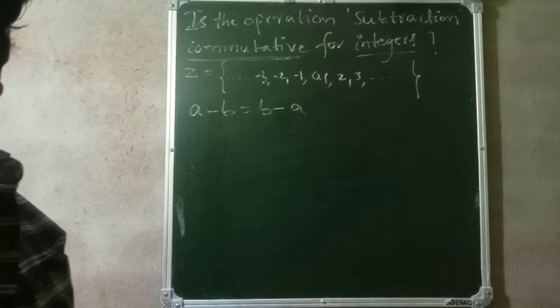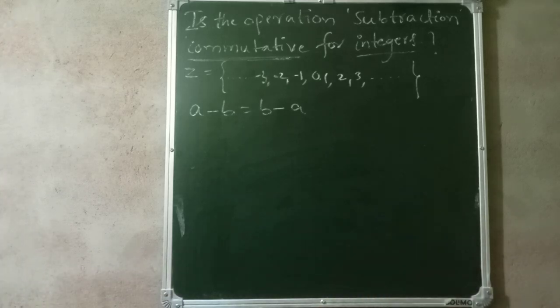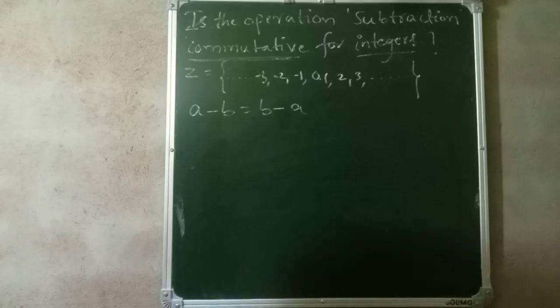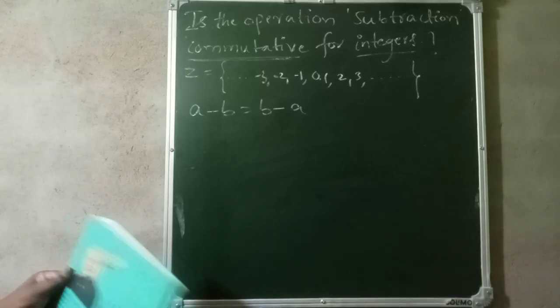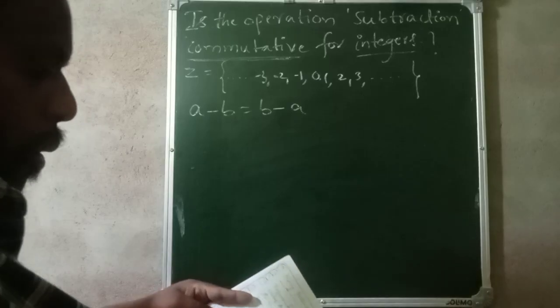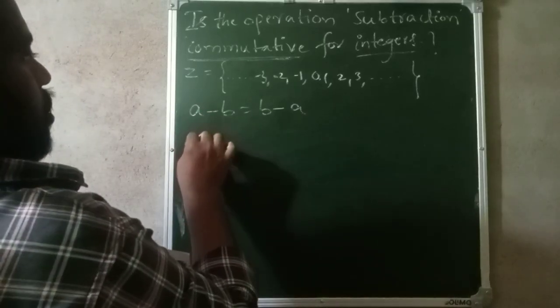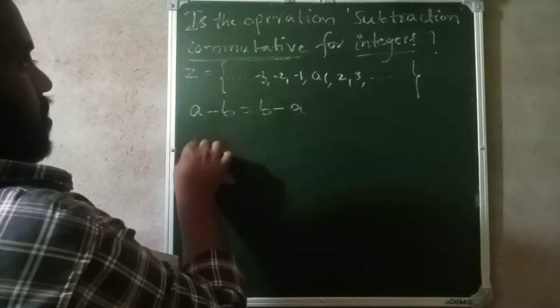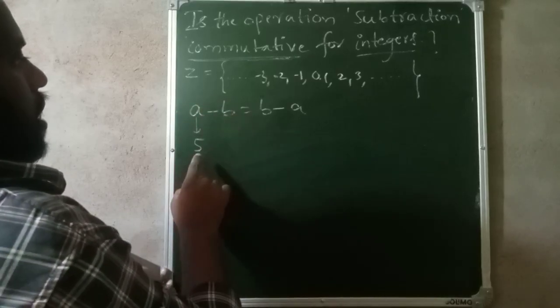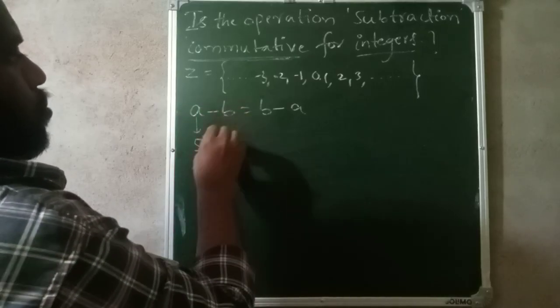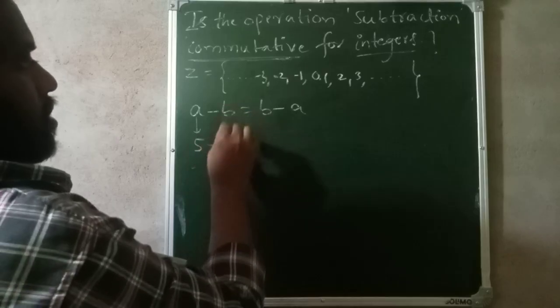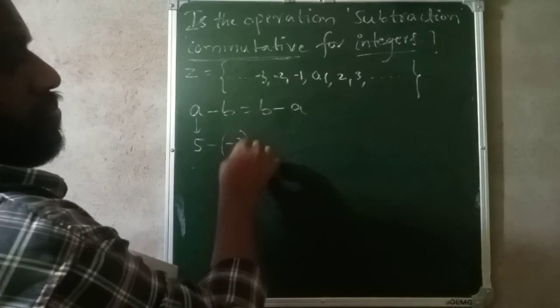Okay, so we will take one example. We will take some examples. In place of A I am taking the number 5, and in place of B I am going to take minus 3.